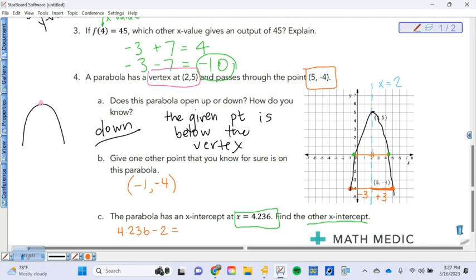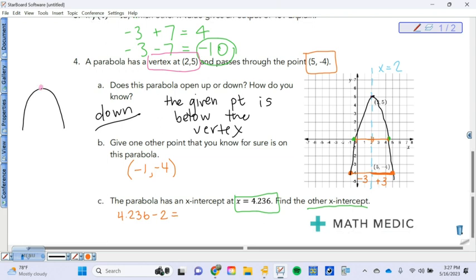What's 4.236 minus 2? Good, 2.236. So that's this distance, right? I added 2.236 to 2 to get to that 4.236.